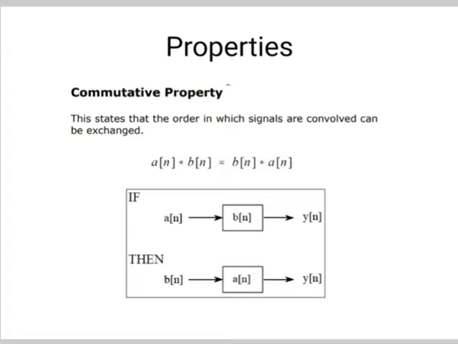So a of n convolution b of n is equal to b of n convolution a of n. Now if a of n is the input to the system b of n, then the output is y of n, and if b of n is the input to the system a of n, then y of n is also the output.